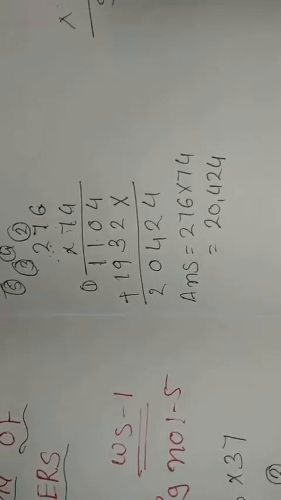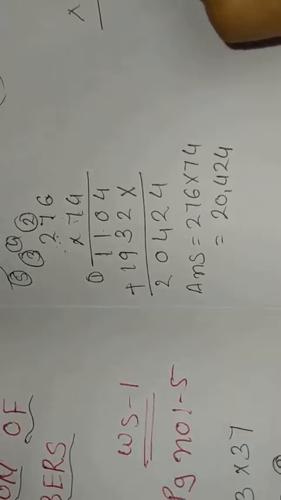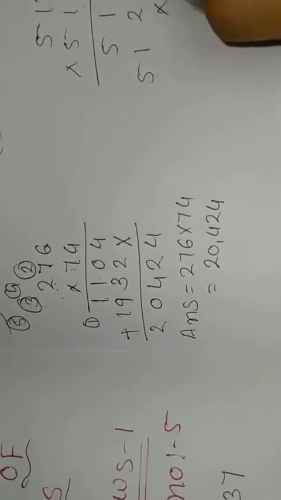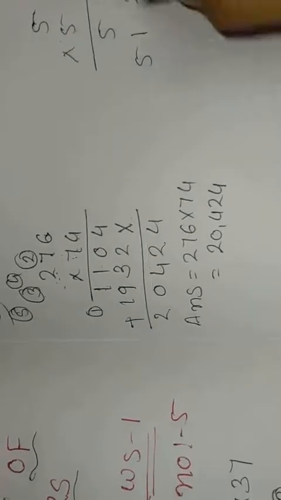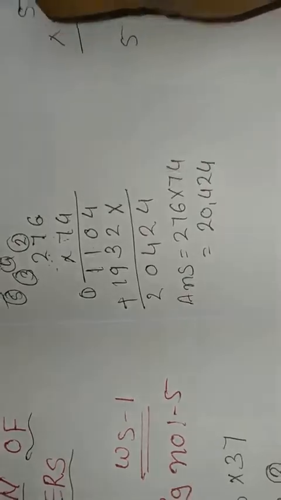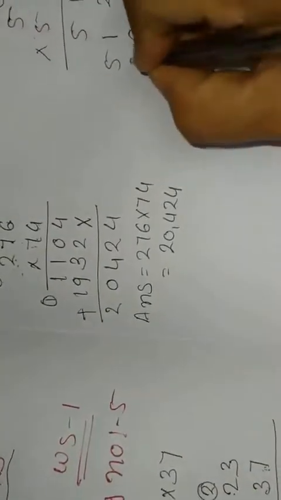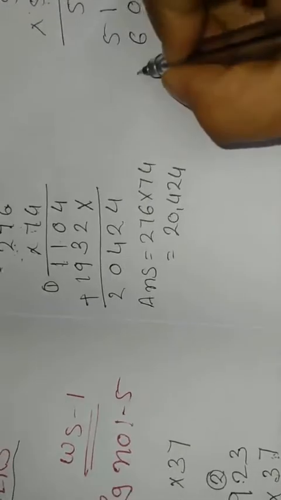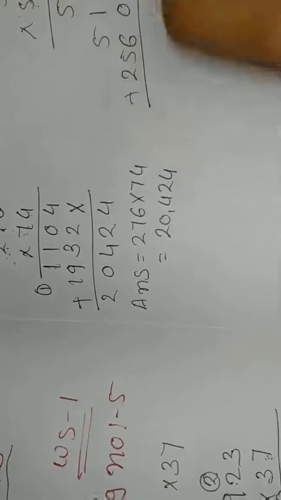Put here a cross. Put a double cross. 5 2s are 10. Write here 0. 1 is a carryover. 5 1s are 5. 5 plus 1, 6. 5 5s are 25. Write here 25. Plus sign over here.